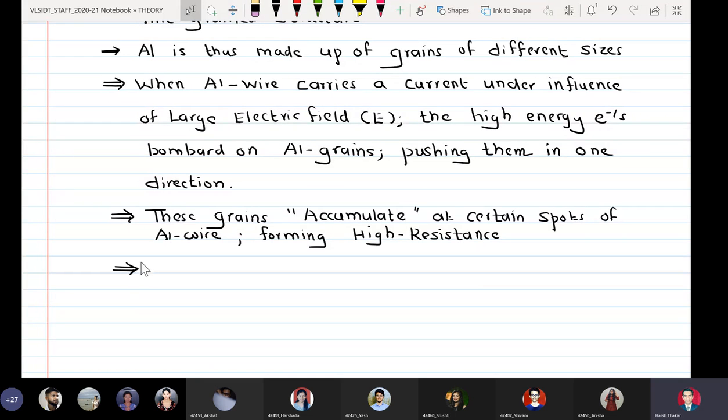Okay, these grains accumulate at certain spots of aluminum wire, forming high resistance.